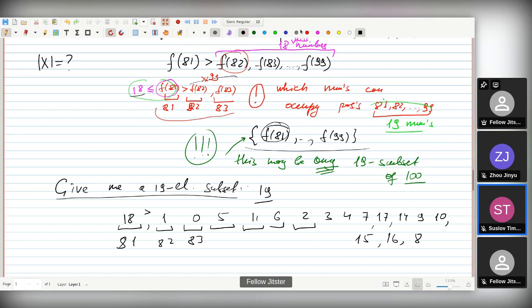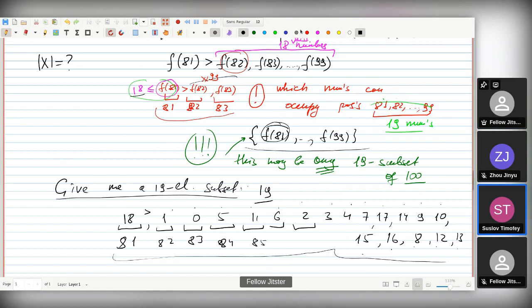Yeah, 12. So how many numbers do we have? And 13. 1, 2, 3, 4, 5, 6, 7, 8, 9, 10, 11, 12, 13, 14, 15, 16, 17, 18. So does this arrangement meet our requirement?